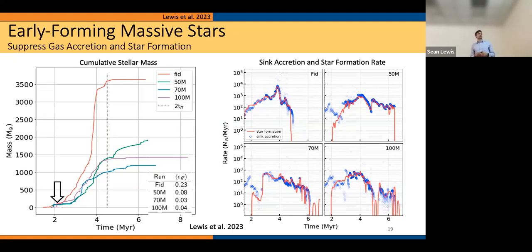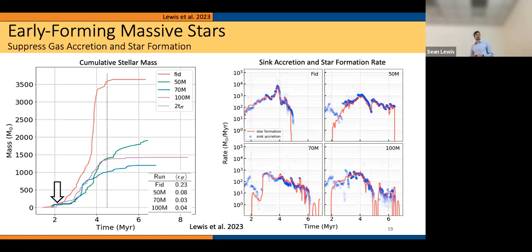I also calculate the star formation efficiency for these systems at the end of the simulation. The fiducial run converts about 23% of the initial gas into stars, less so for the runs with the early forming massive star. In a similar vein, we can look at the accretion rates of material onto the sink particles, so how much material the sinks are pulling into themselves, and the star formation rate, the rate at which stars are placed into the simulations.